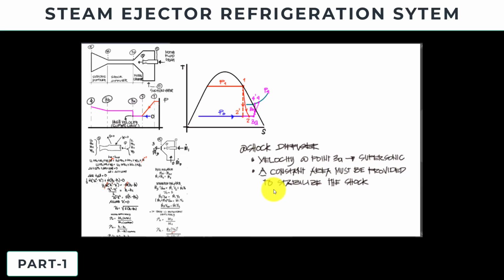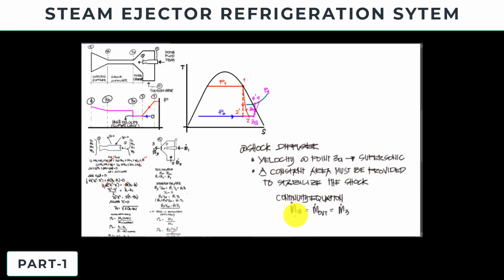Now, we apply the continuity equation: the mass flow rate in equals the mass flow rate out, which is equal to the mass flow rate 3.